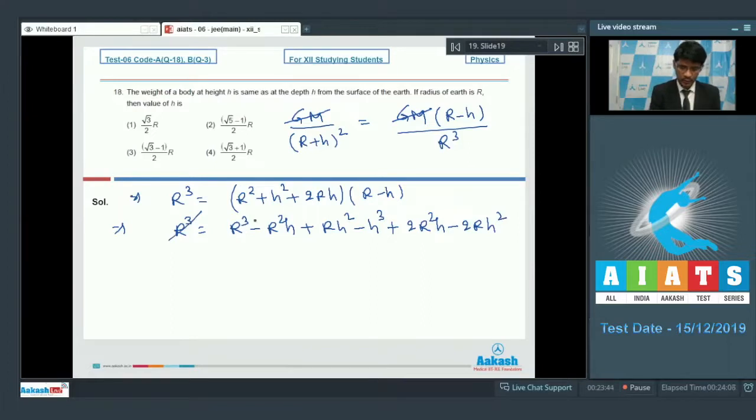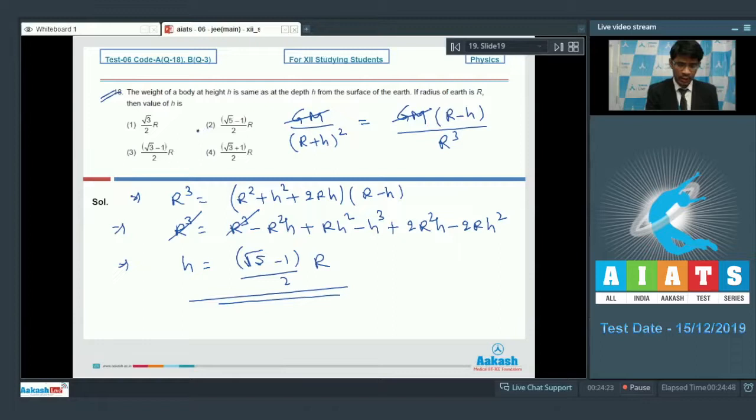This one will cancel out. So solving this part, we'll be getting the value of h to be equal to root 5 minus 1 divided by 2 into r. Fine. So looking into the options, we are getting option 2 as the correct answer for question number 18.